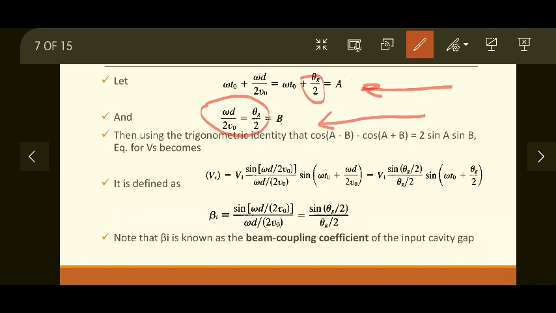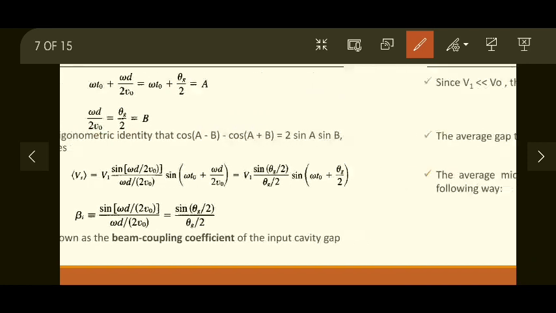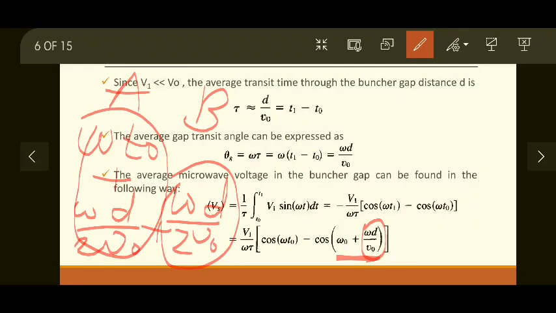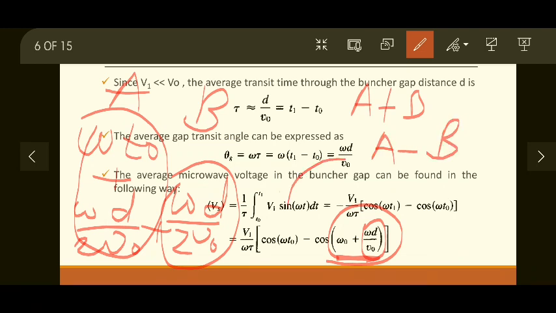So if we do that with A and B, what will this equation be now? Omega t0 plus omega d upon 2 v0 is A. So A plus B is nothing but this term, and A minus B will be nothing but this term, that is omega t0.